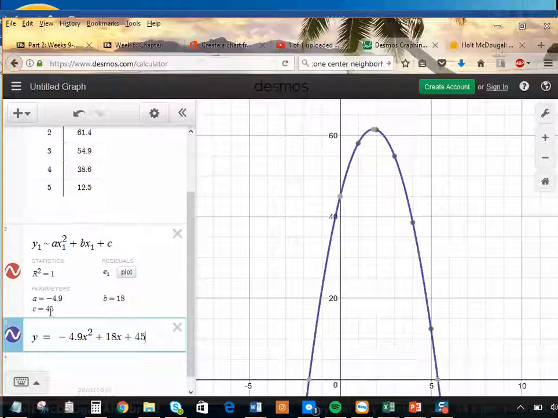So you take these values and plug them back into the standard form of your equation of a quadratic. And you can see that this purple line graphed right on top of the red line, which shows that it's exactly right. I'm going to copy this and then go back to our worksheet.